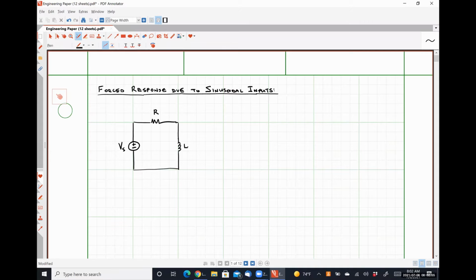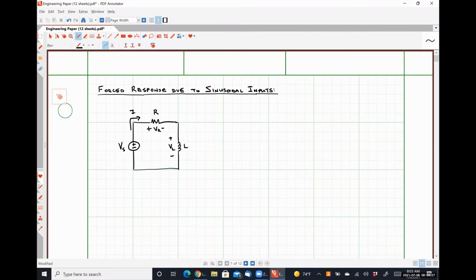That voltage source Vs is what is called a forcing function because it is applying external excitation to the system and generating a specific response. So for example, our responses of interest could be the voltage drop over the resistor, VR, the voltage drop over the inductor, VL, or the current flowing through the network.